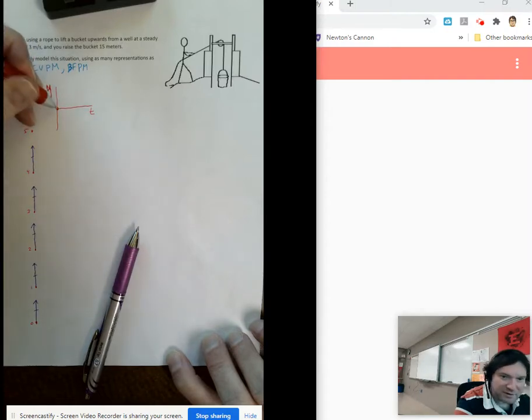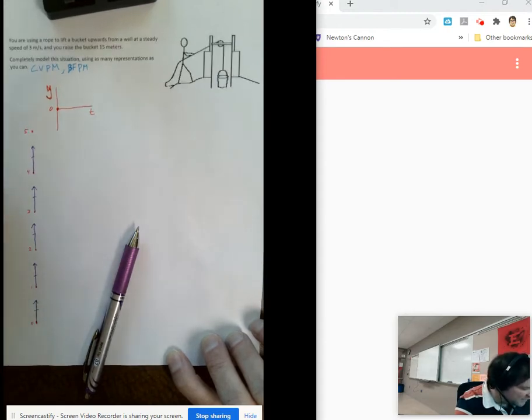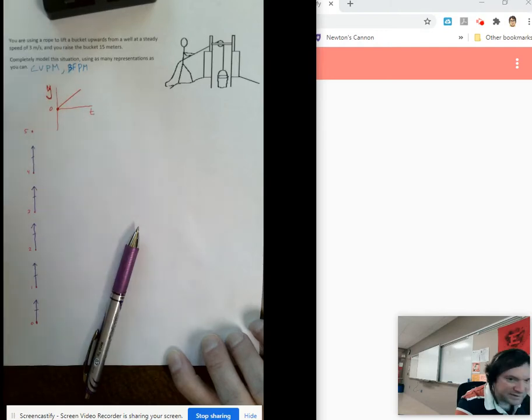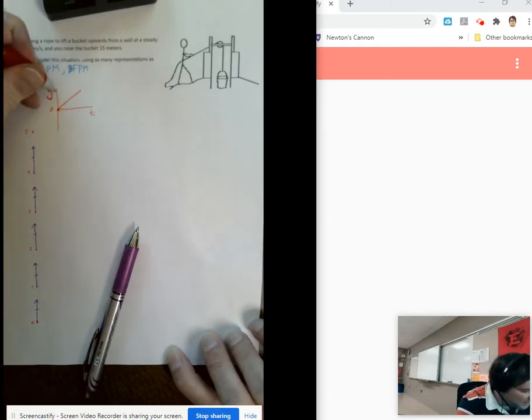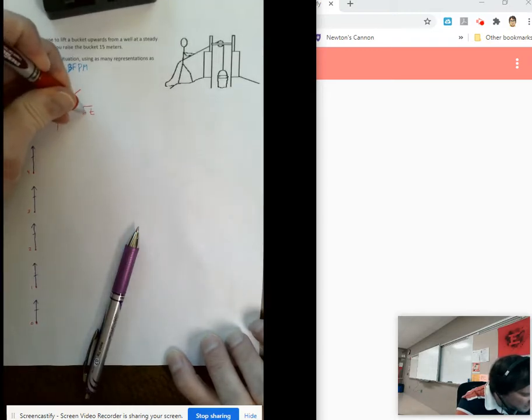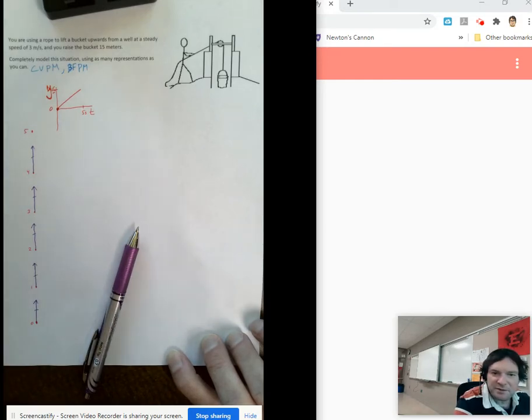But if I want to start at 0 meters, then I can make a straight line because the velocity is always constant and the slope of this graph is the velocity. So there's a straight line that goes up to 15 meters at a time of 5 seconds. So that line always has the exact same slope of 3 meters for each second.